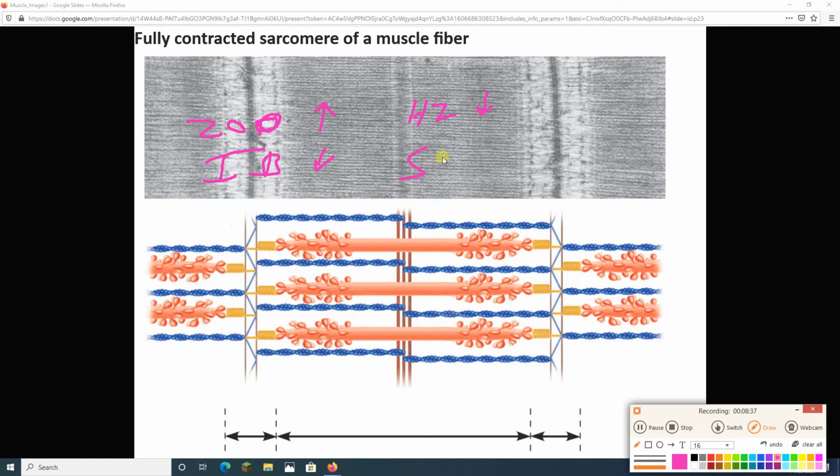The sarcomere got smaller. The A band's the only thing that didn't change, because the A band is from here to here, and we didn't change the length of that thick filament. But by reaching up and grabbing onto the thin filament and pulling it inward, the sarcomere got shorter. It contracted. And if one sarcomere contracts, every sarcomere in a muscle fiber is going to contract.